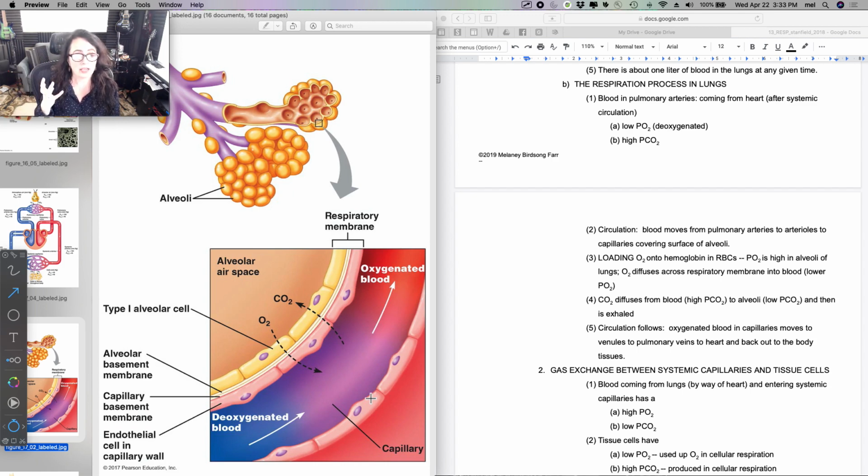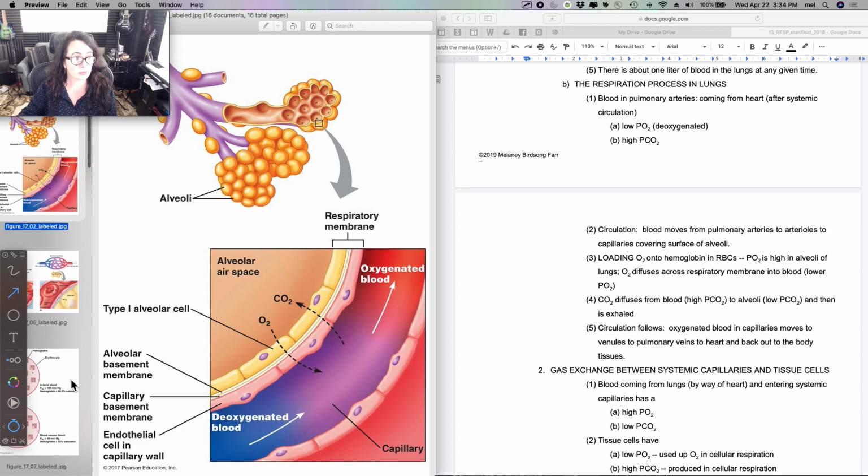Now you've got the blood that has just gone by the alveoli and is on its way back into the pulmonary veins, and now that blood is going to be nice and rich in oxygen and bright red and low in carbon dioxide. We're going to send it back to the heart, back to the left atrium actually, into the left ventricle, and then we're going to send it out into systemic circulation. So all of this probably makes perfect sense to you guys.